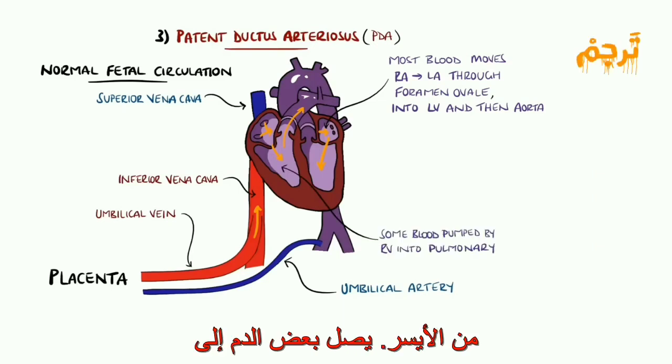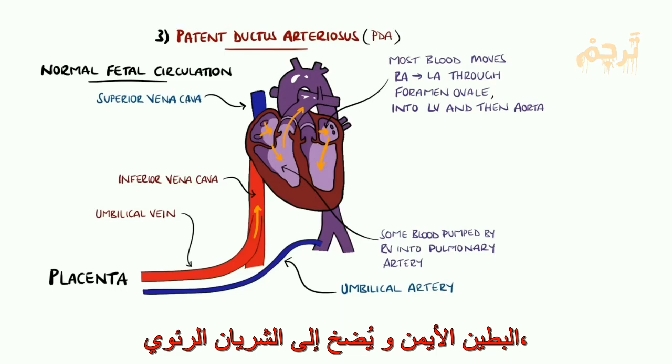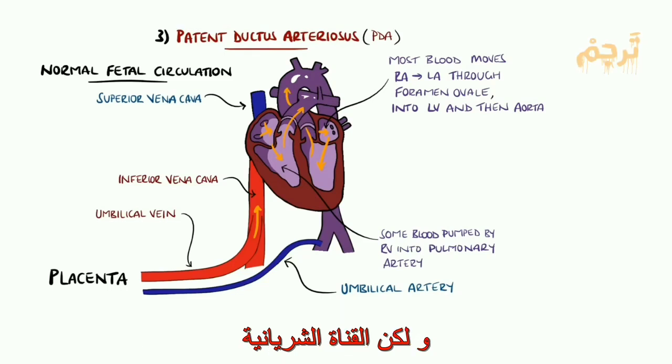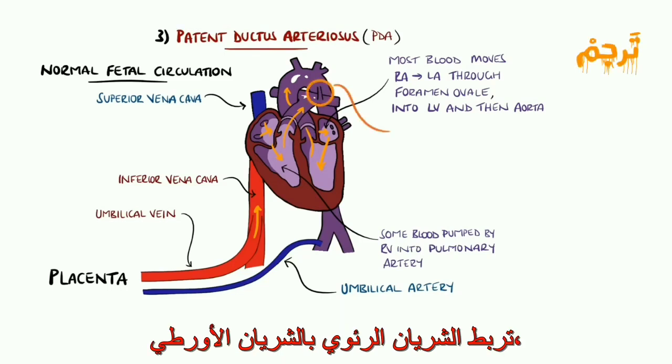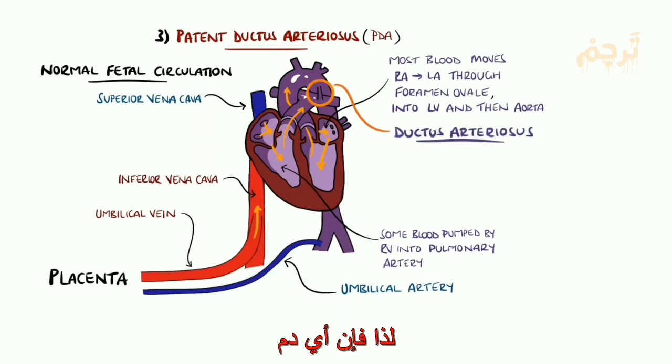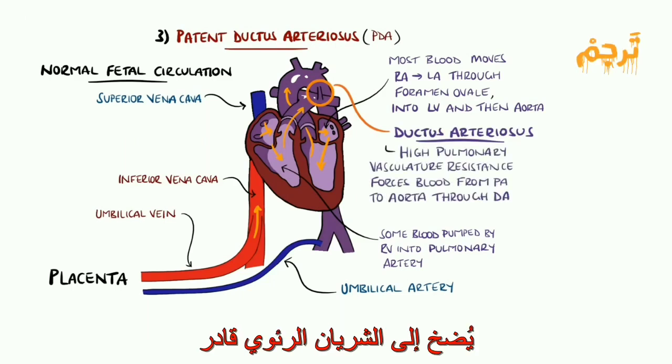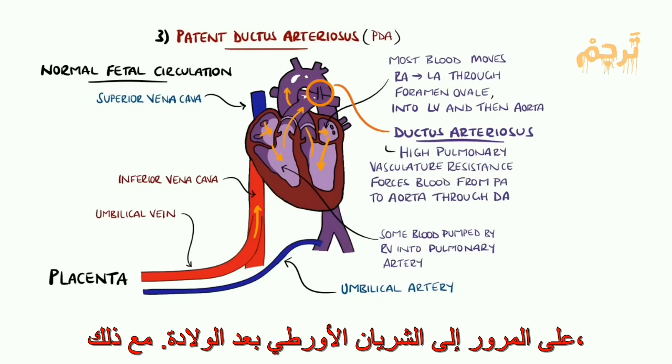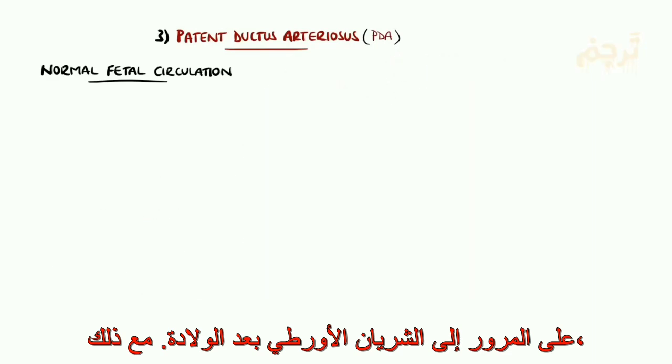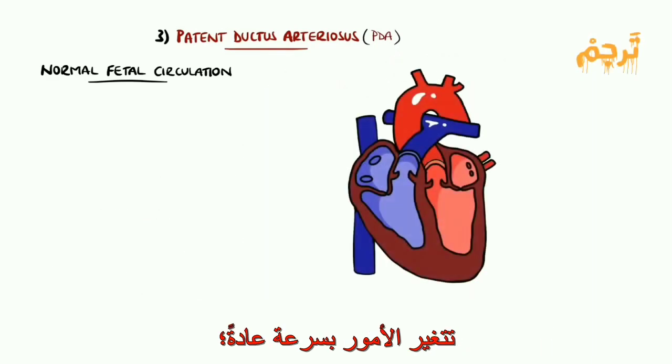Some blood makes it to the right ventricle and is pumped into the pulmonary artery, but the ductus arteriosus connects the pulmonary artery and the aorta, so any blood that does get pumped into the pulmonary artery is able to pass into the aorta.